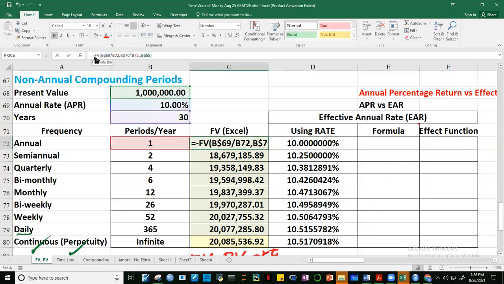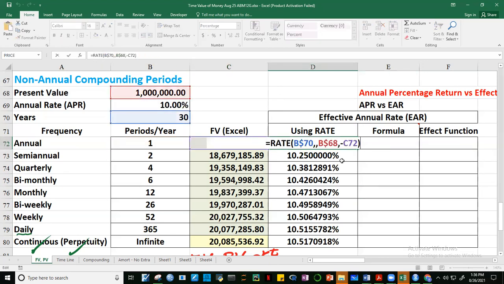Medyo mahaba-haba nga lang to, no? Control C. Dito natin siya ilalagay. Control V. So pag FV natin guys, this will return a negative answer. So tama ito. Although parang pinahirap lang natin yung sarili natin, no? Control Enter.